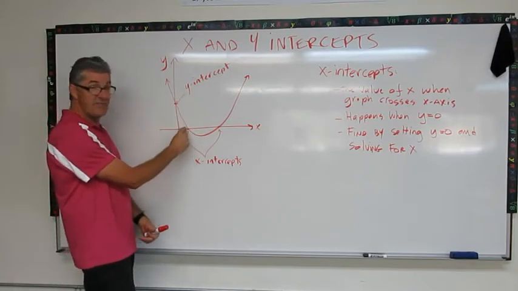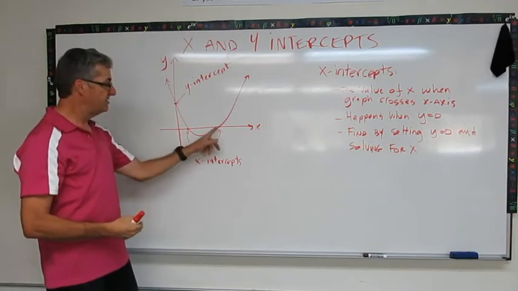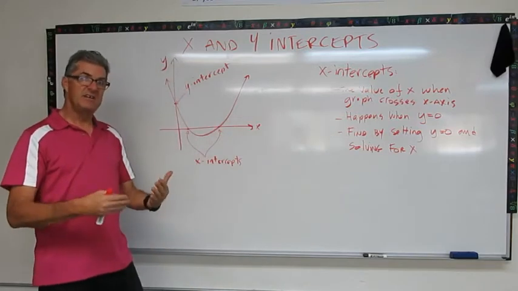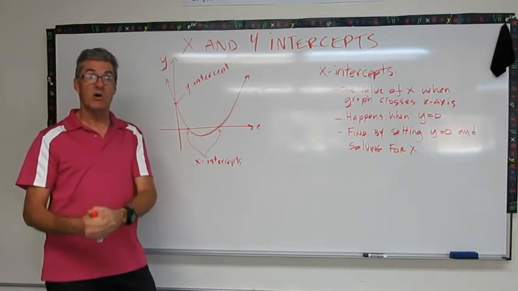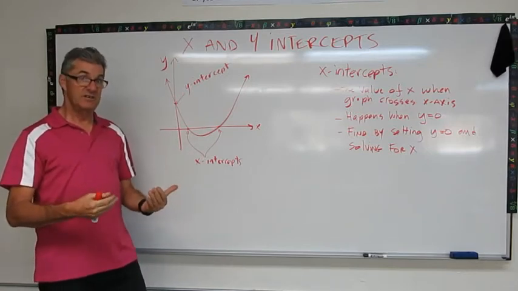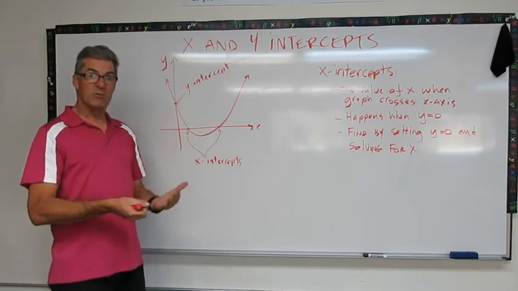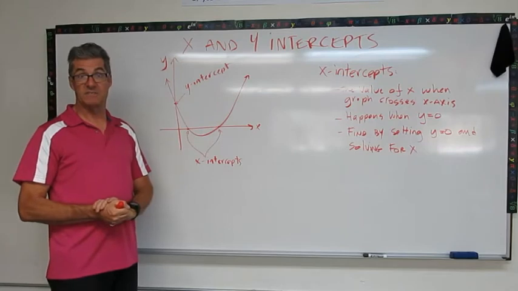We're right on the X-axis, so that means the value of Y is 0. Same for that point. Third thing, we can find the X-intercepts by setting the quadratic function equal to 0 and solving for X. So you remember doing that in the last chapter. So this is Y. We're going to use that math to find the X-intercepts for our quadratic functions.